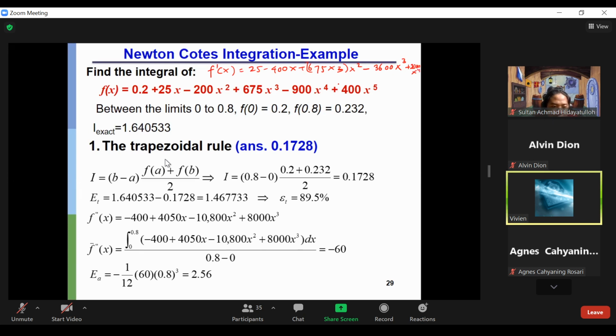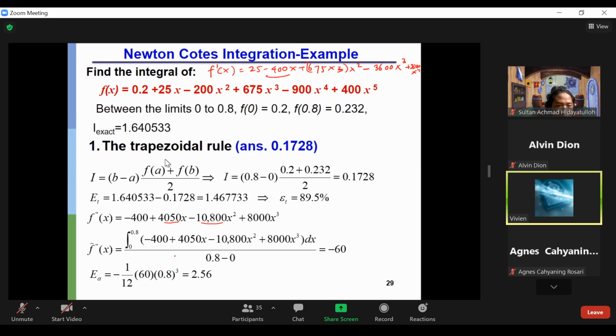So when we find the second derivative, that will be minus 400 plus 1350 times 3, that is 4050, so this is correct, minus 10,800x squared plus 8,000x to the power of 3. Okay, so this is correct.